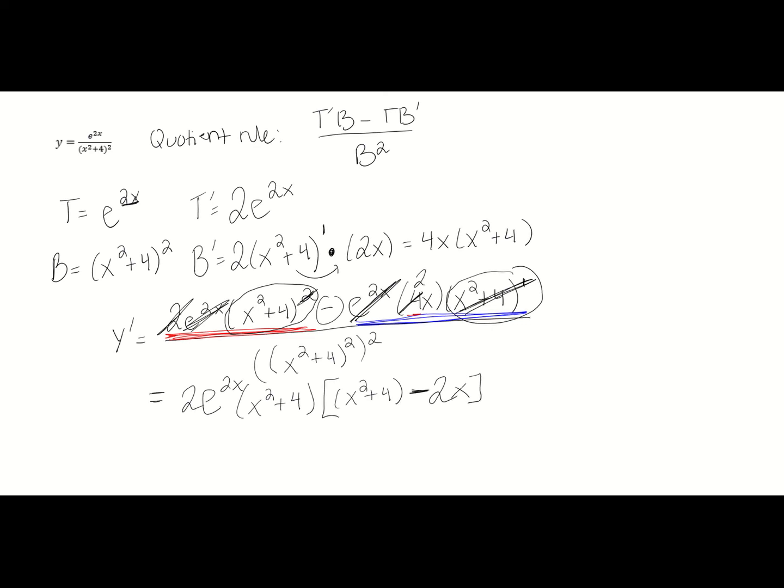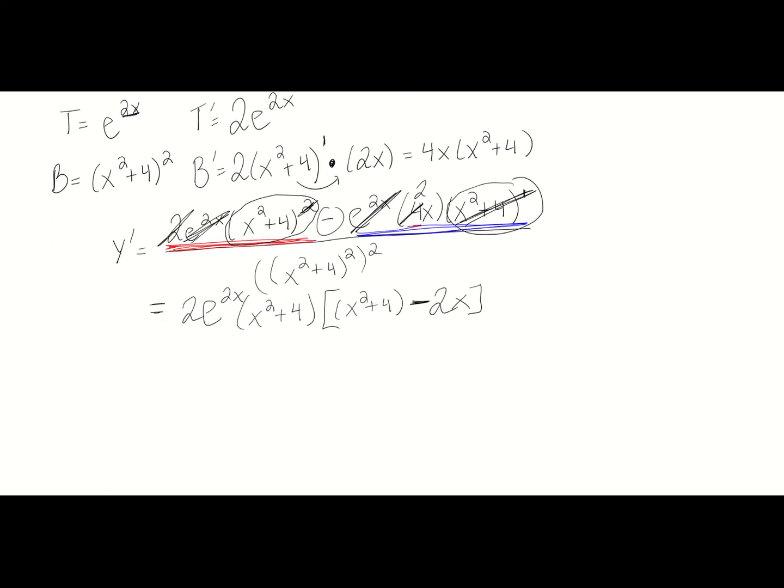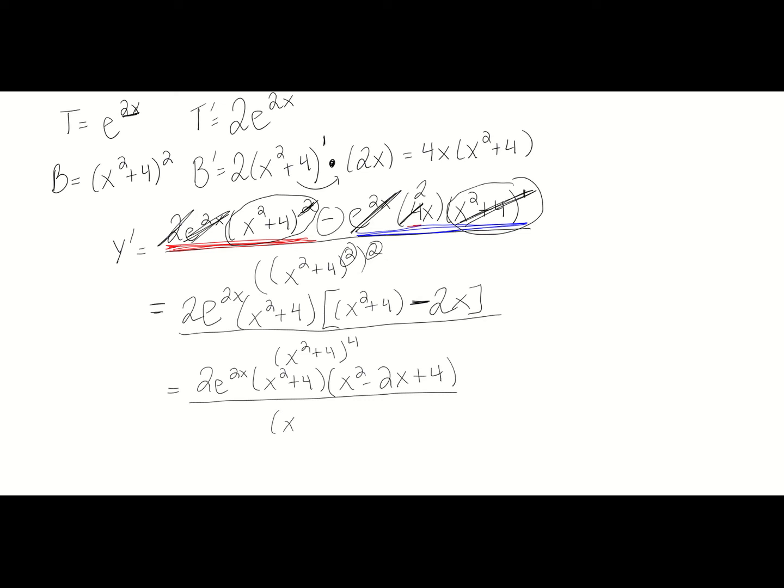All right, let's move this up a little bit. And of course, this is all over x squared plus 4, and this is to the 4th, because when you have your powers like this, you multiply them. So I have 2e to the 2x, x squared plus 4, times x squared minus 2x plus 4, all over x squared plus 4 to the 4th.